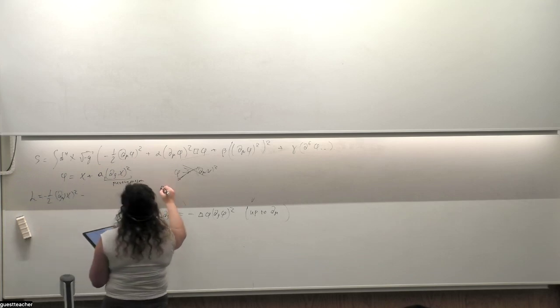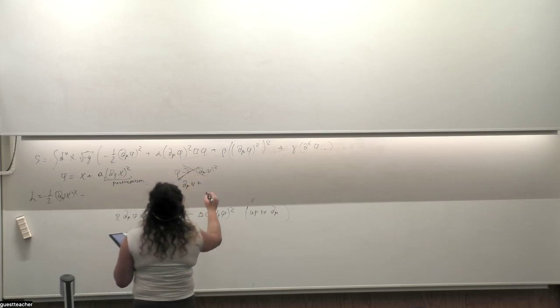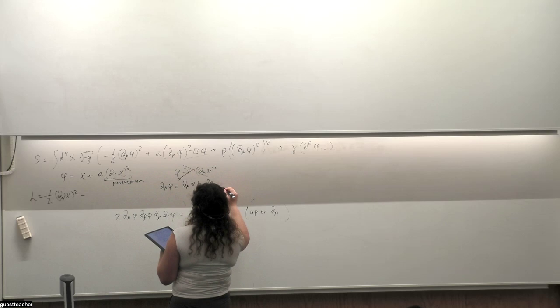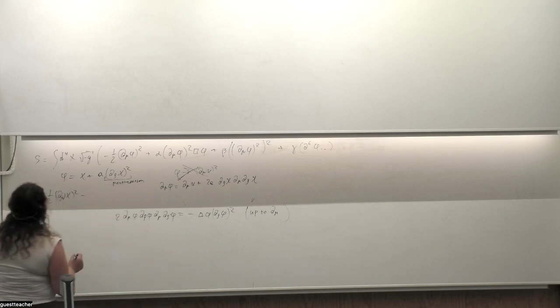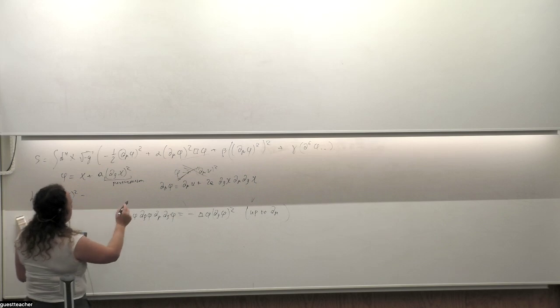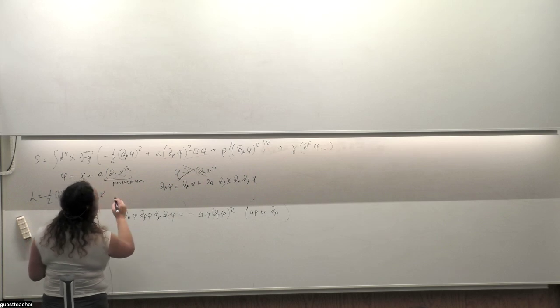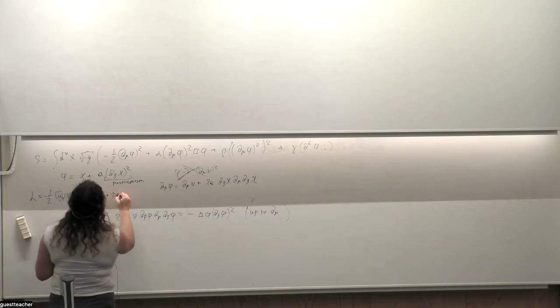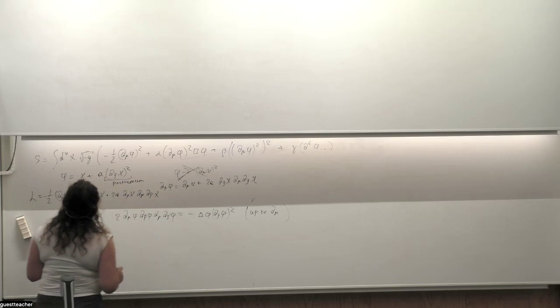So I need an expression for d mu phi, which will be equal to d mu psi plus 2a d rho psi d mu d rho psi. Taking the square of this, I get the first term here, and also the mixed term, d mu psi multiplied by 2a d rho psi d mu d rho psi.